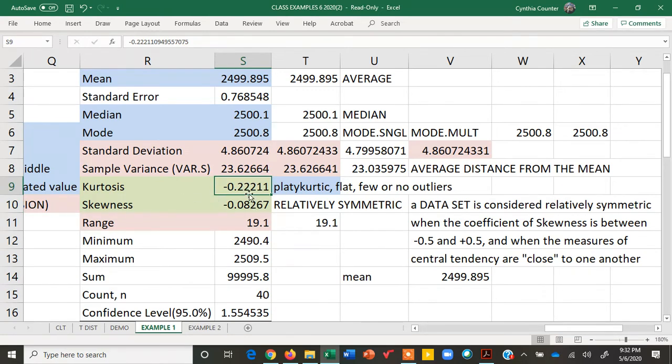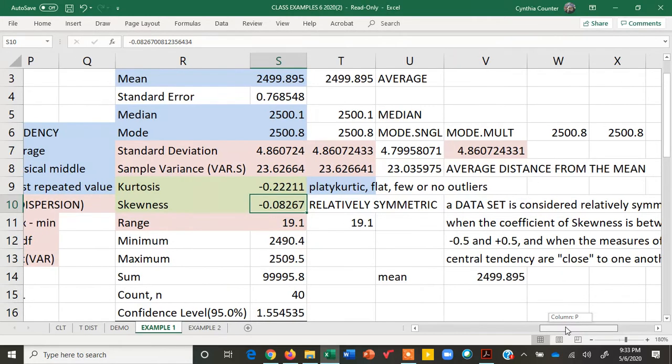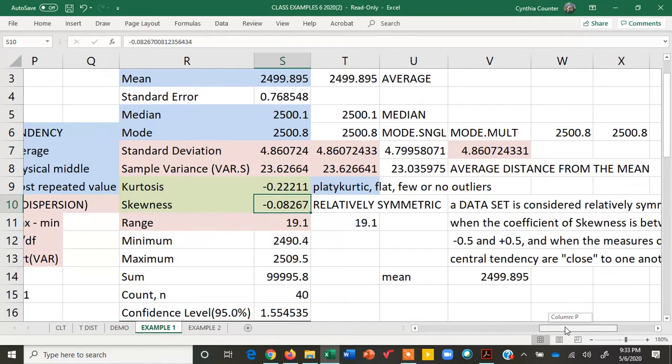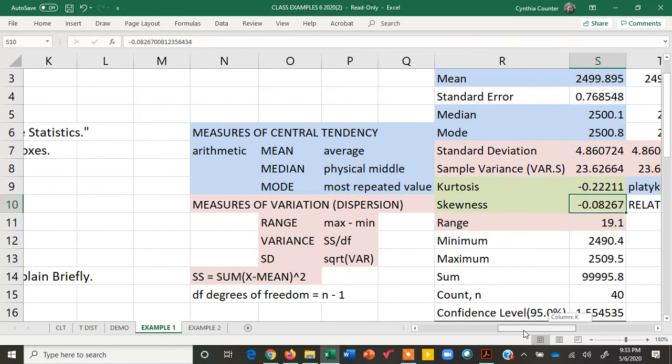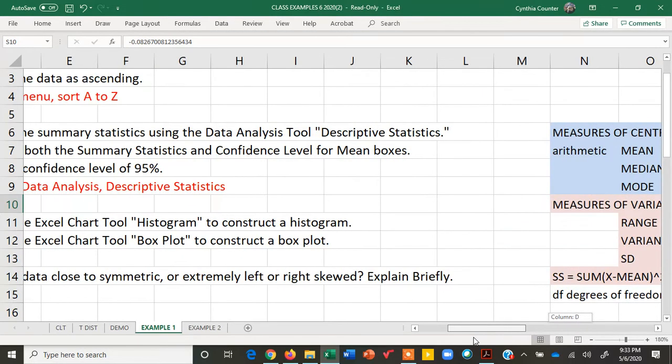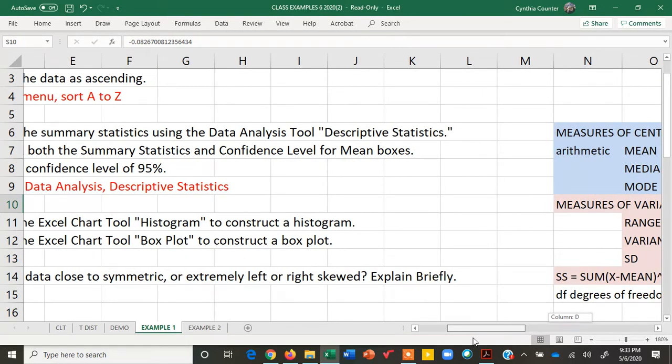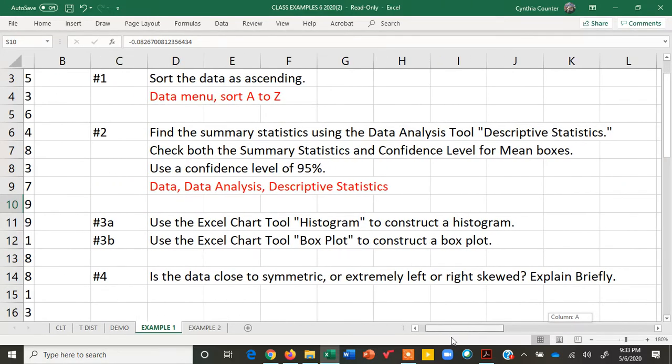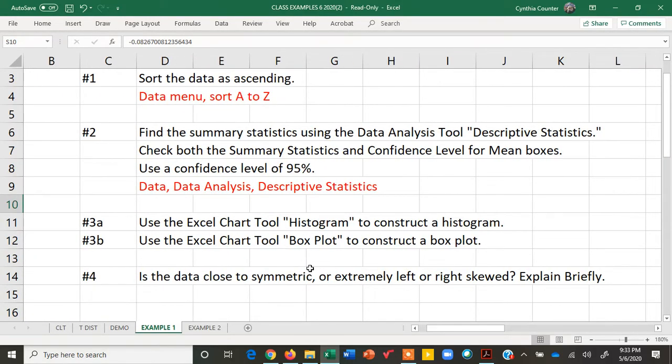Here, what we have is a relatively symmetric distribution, but it's pretty flat and wide. If we want to get more of a visual on this, then we can construct what is called a histogram and or a box plot.